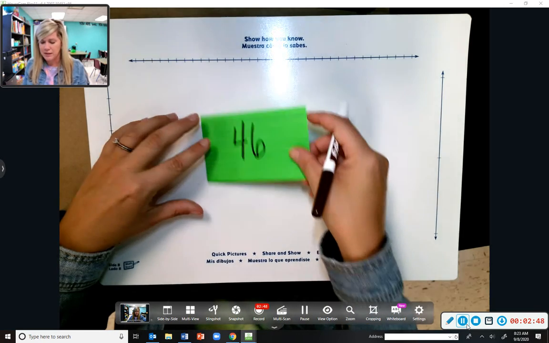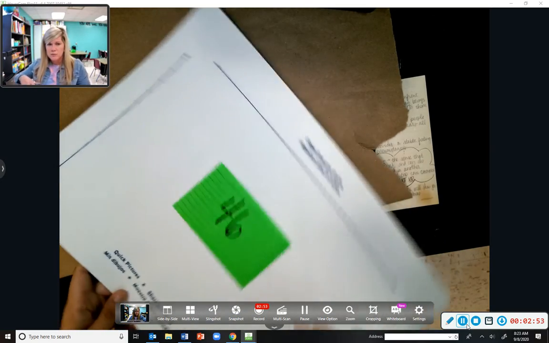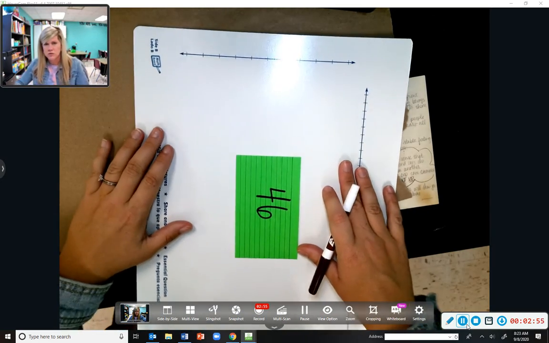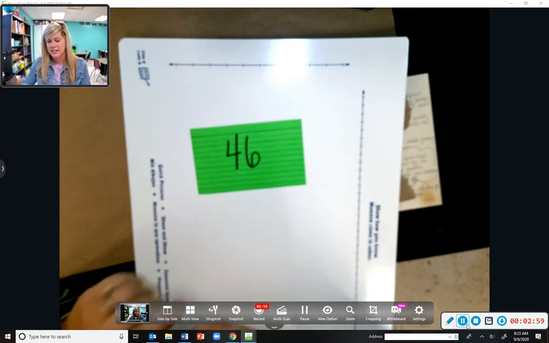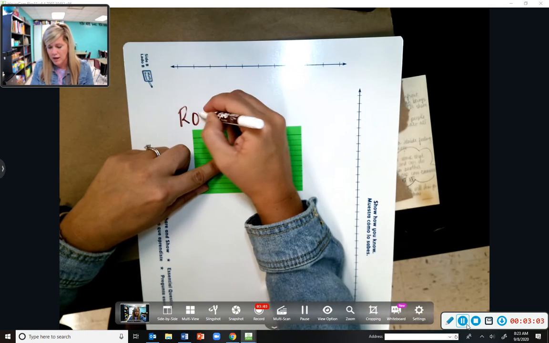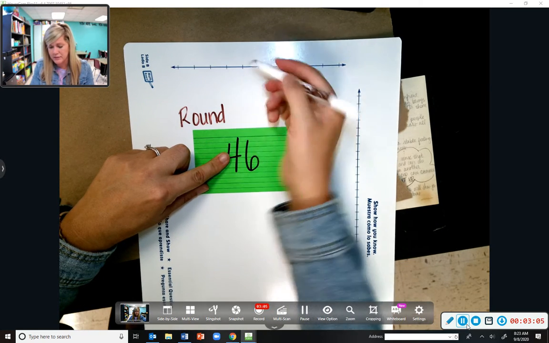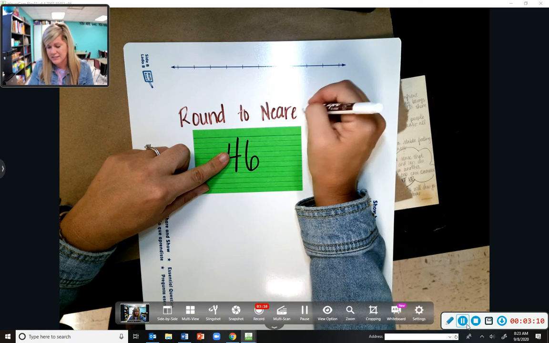So let's say my number is 46. So this would be the number line you guys would use. 46. And today, since we're just rounding to the nearest 10, I'm going to label my number line with the tens.